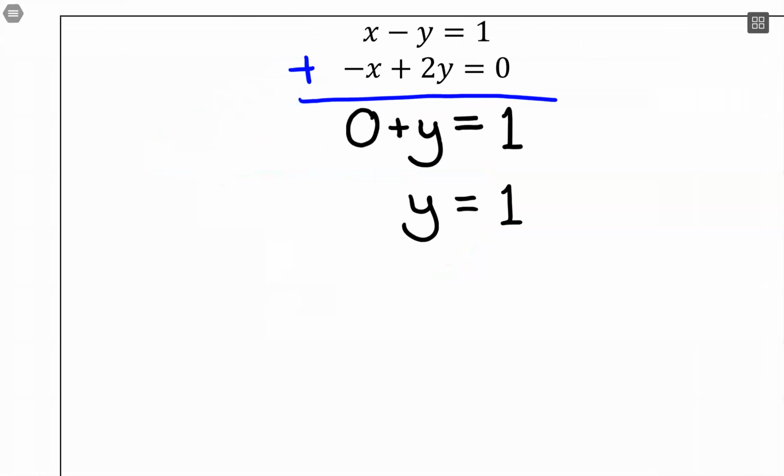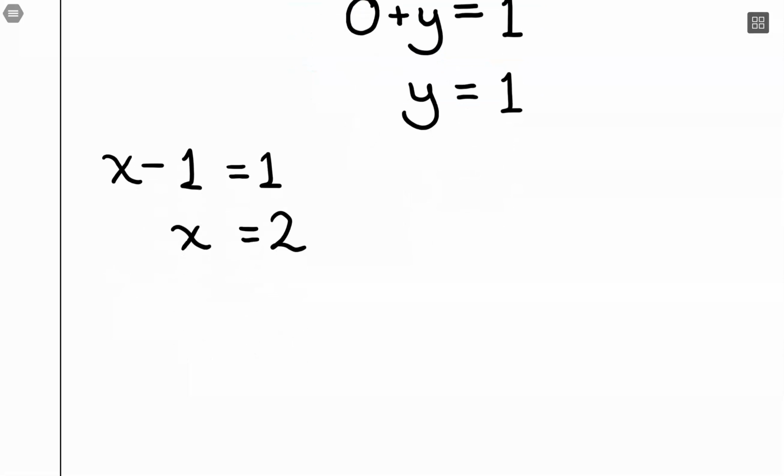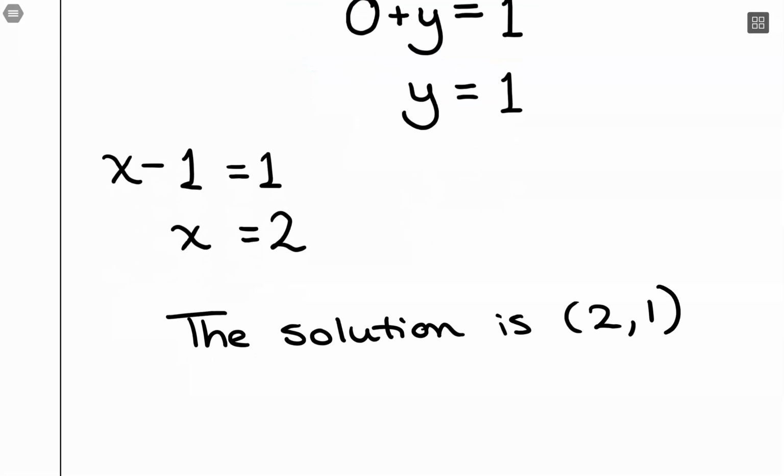So let's go with the top equation, x minus y, but now we know that y is equal to 1, so x minus 1 equals 1. Add 1 to both sides, and we see x is equal to 2. So we have the solution is x is 2, y is 1.